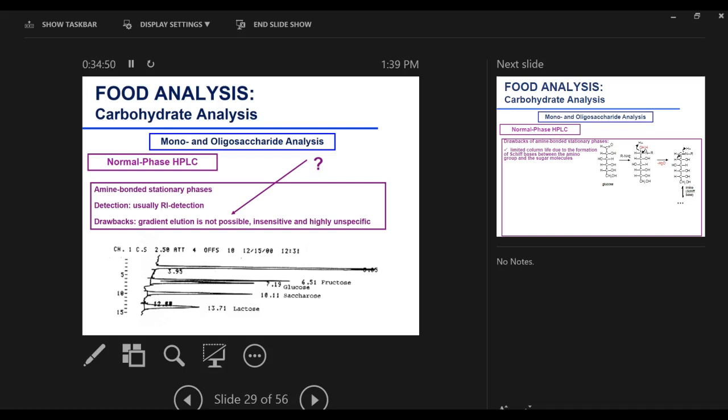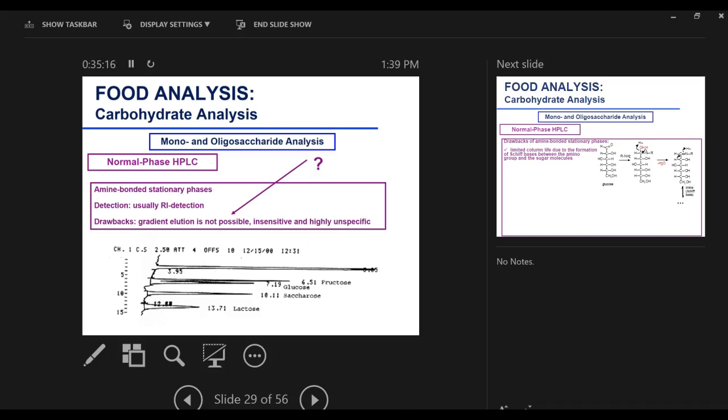All right, so detection is usually with refractive index detection. In this particular case, gradient elution is not possible. Do you remember why? With refractive index, you cannot change the concentration of the mobile phase.